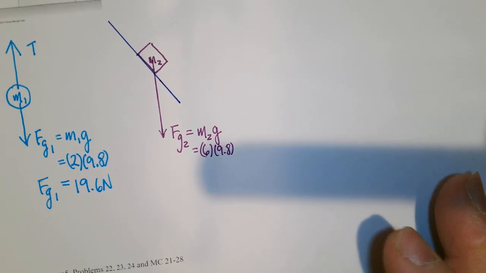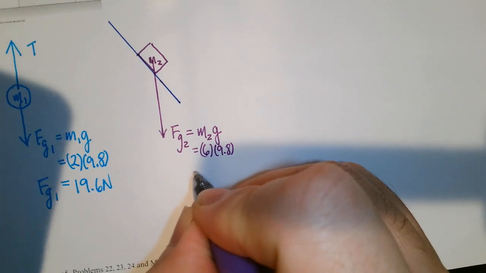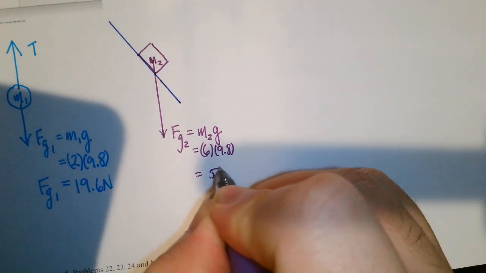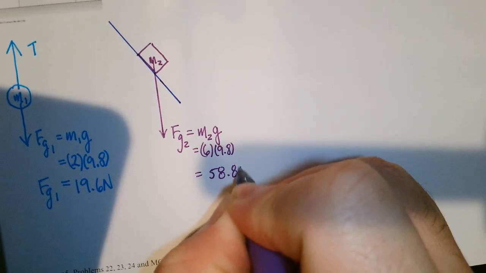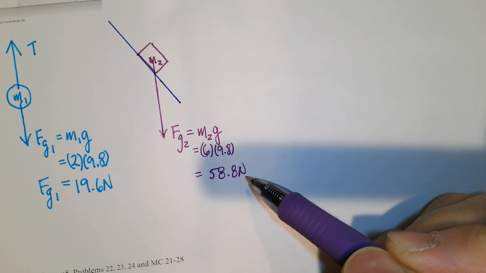I don't have a calculator here, so I don't know what that is. Okay, 6 times 9.8 is 58.8 newtons. But this is not what's pulling on this.